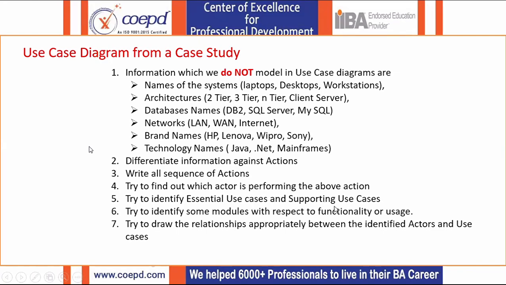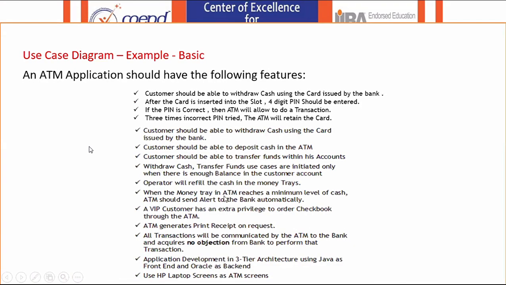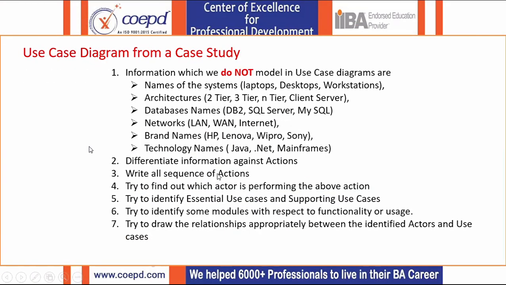Base use case, supporting use case derived. And try to identify certain modules with respect to functionality. If all these are under one module, you take it as one. And then the relationships between the actors and use cases. This is what we do from this part.